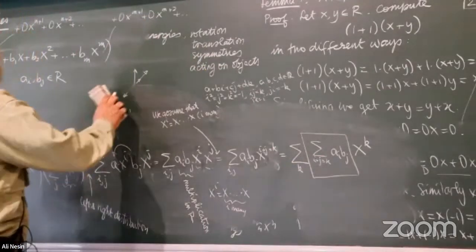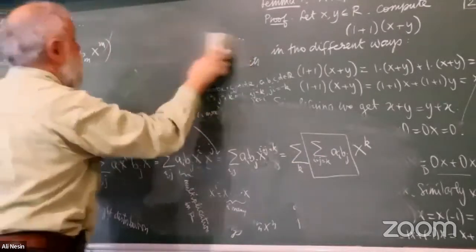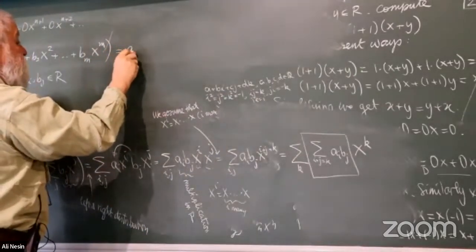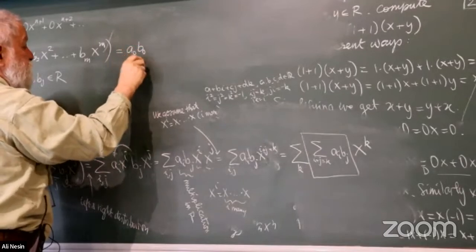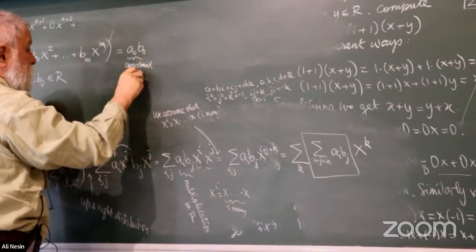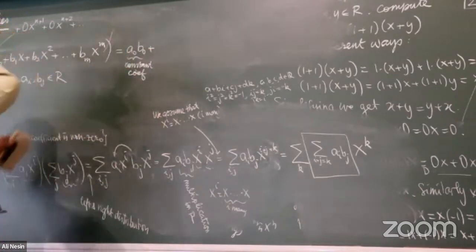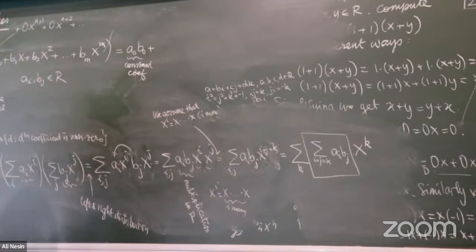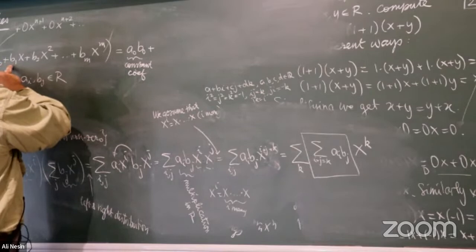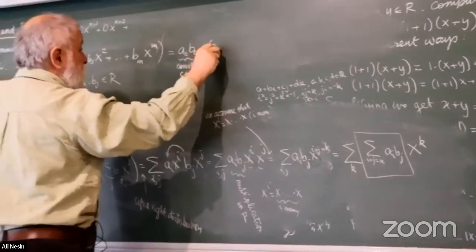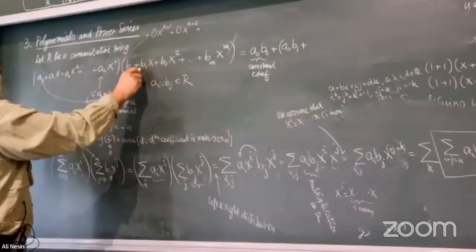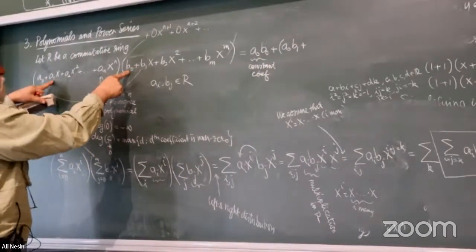In other words, when we multiply these, I will get a0 b0. This is called the constant coefficient. Next, for the coefficient of x to the 1, you'll have a0 times b1, you see this and this, and then a1 times b0.